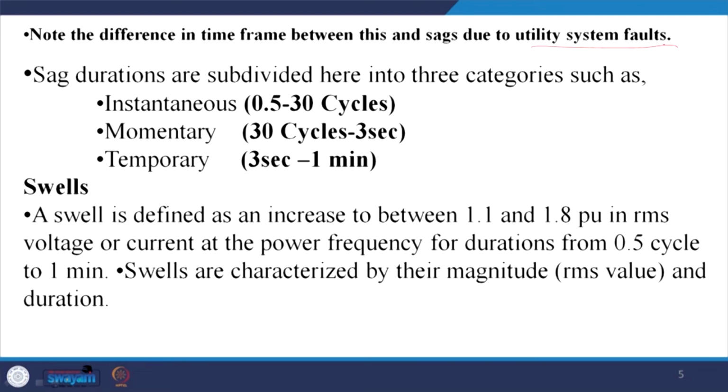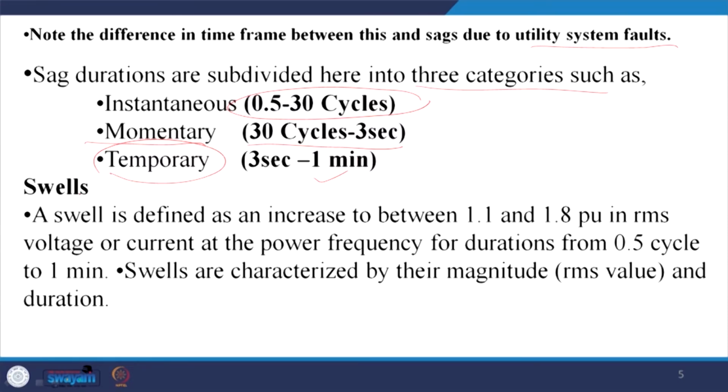Sag durations are subdivided into 3 categories: instantaneous sags, that is for 0.5 cycles to 30 cycles; momentary sags, that is for 30 cycles to 3 seconds; and temporary sags, that is for the longer duration of 3 seconds to 1 minute. So, this is something you will categorize.